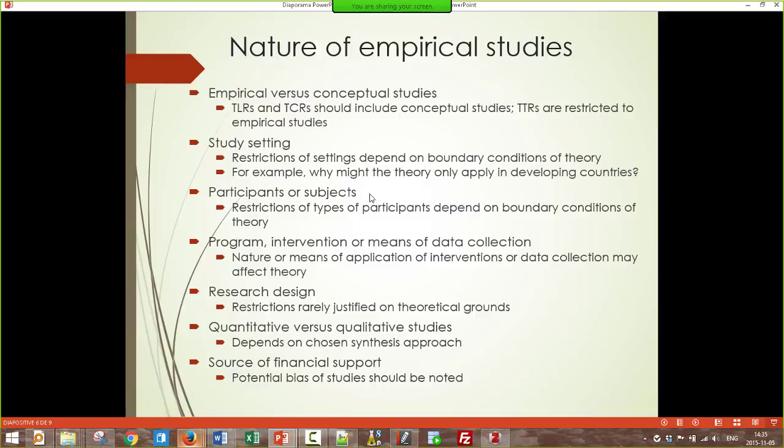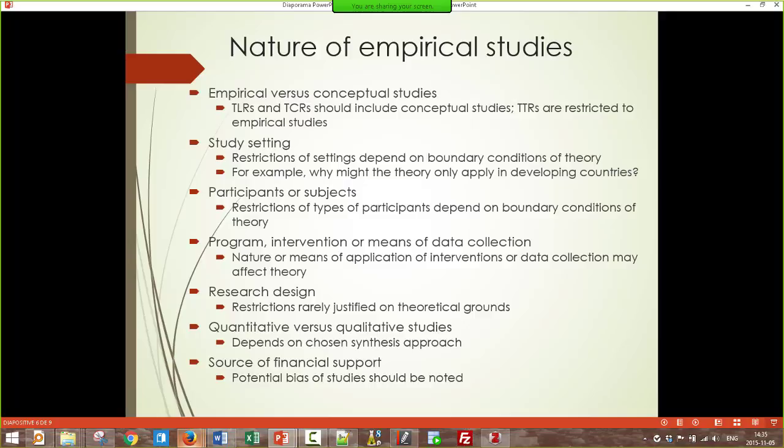People read things, they have their ideas, they make their arguments, but there's no data collection. They didn't actually do any interviews, they didn't do any surveys. It's just their scholarly thinking. So do you want to include both, or do you want to say only empirical studies that collected data?